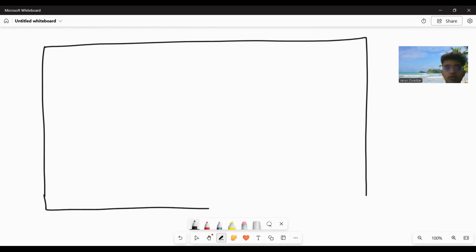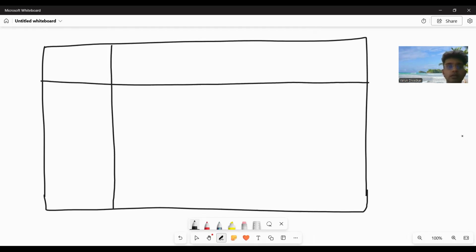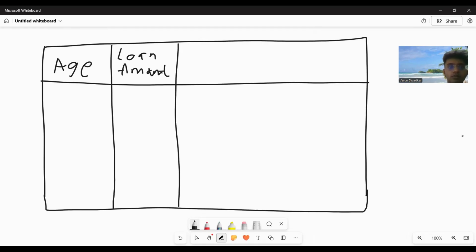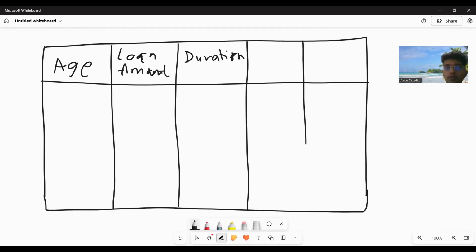Let's say this is your credit card data set, and you have typically columns like the age of the customer, the loan amount of the customer, then the duration of the loan in years, and then default history, whether the customer has defaulted in the past or not.